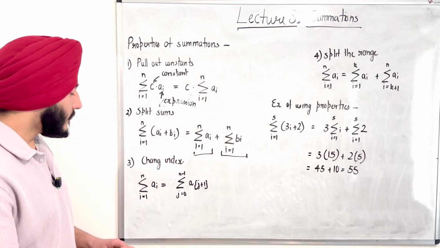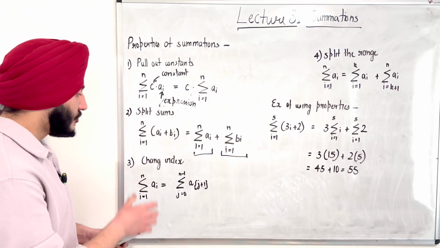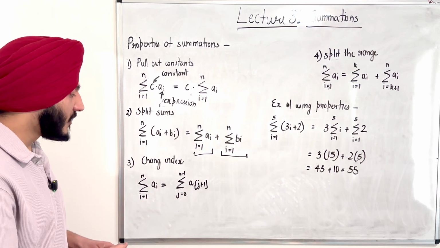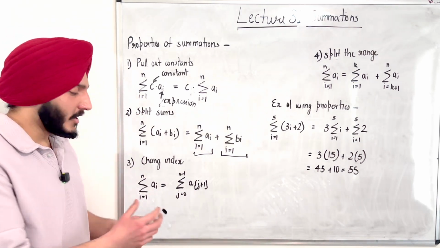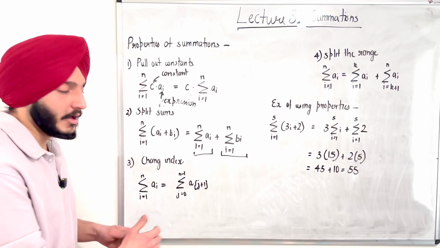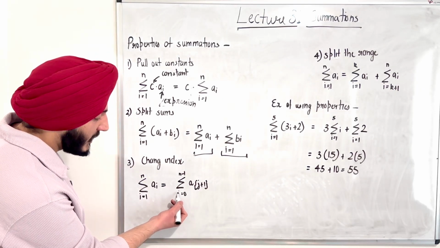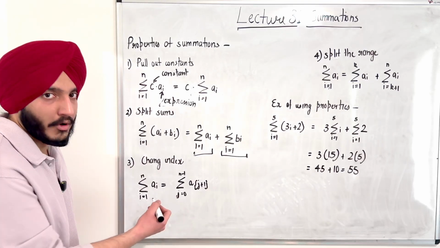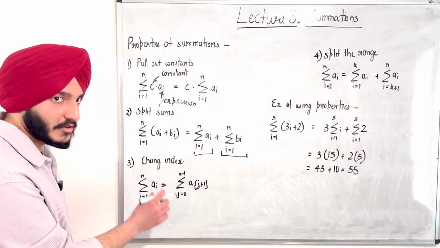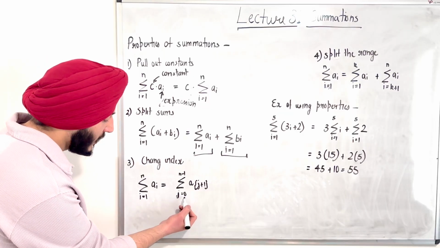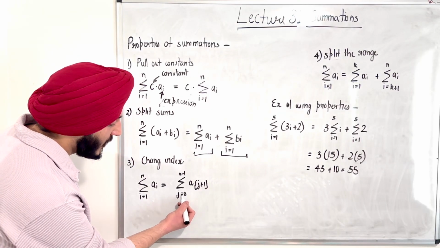Okay. Next one is change the index. Now, this is again very simple to understand, but it might seem a bit tricky over here. All you've done is I changed the index and the element representing the lower limit to j. So if you look at this carefully, right, I changed it to j, and then I changed the value of j to 0.